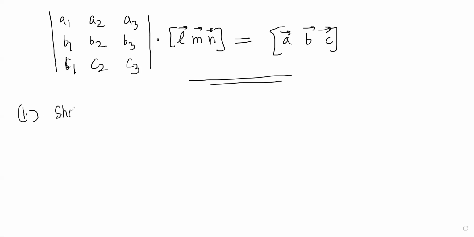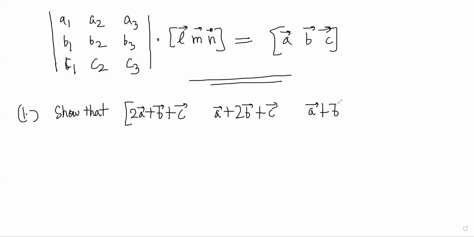You have to show that the box product of 2A plus B plus C, A plus 2B plus C, and A plus B plus 2C is equal to 4 times ABC.